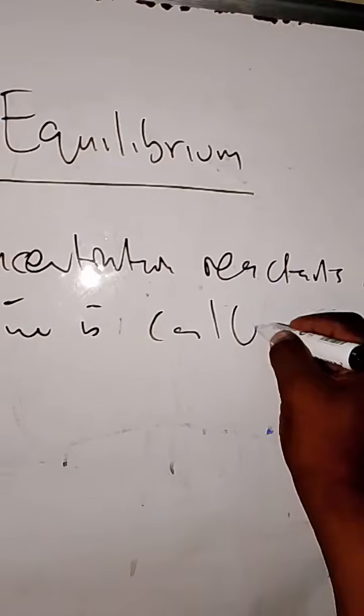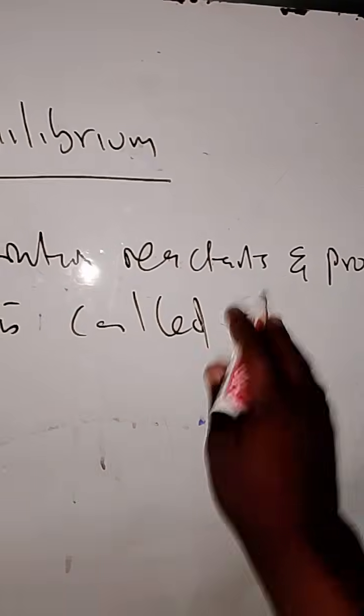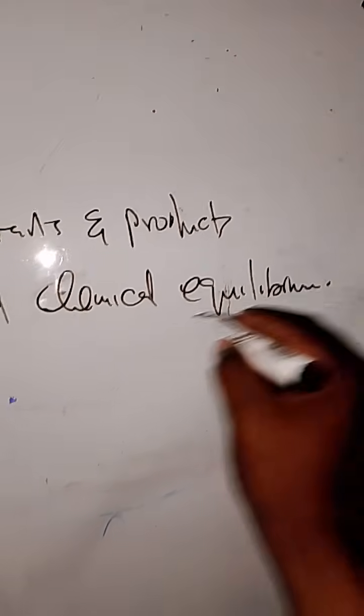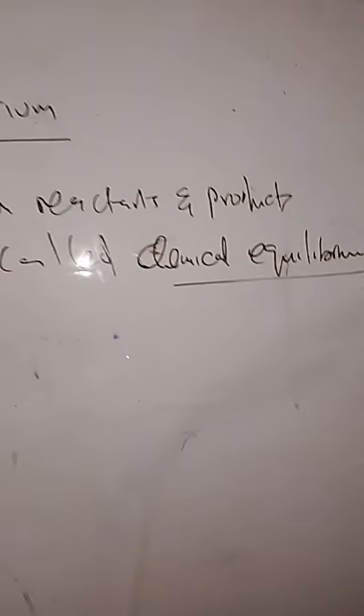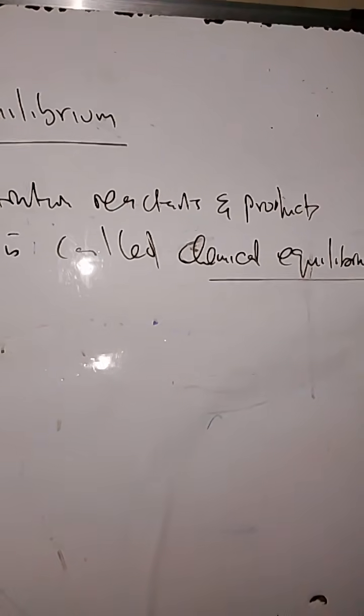This is called chemical equilibrium. Okay, so that is how we can define chemical equilibrium in simpler terms.